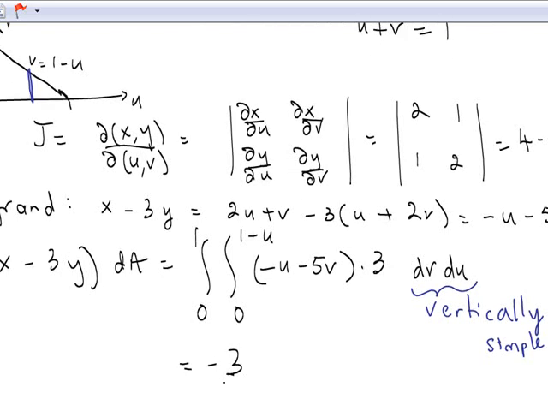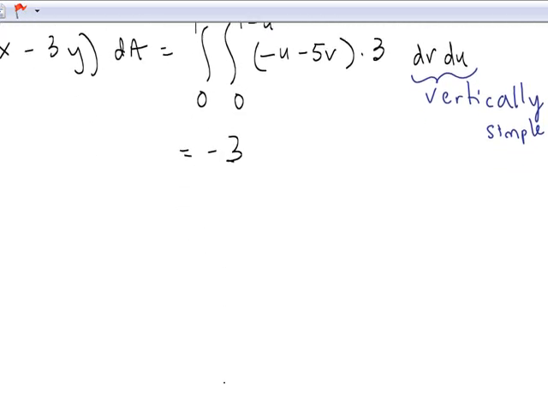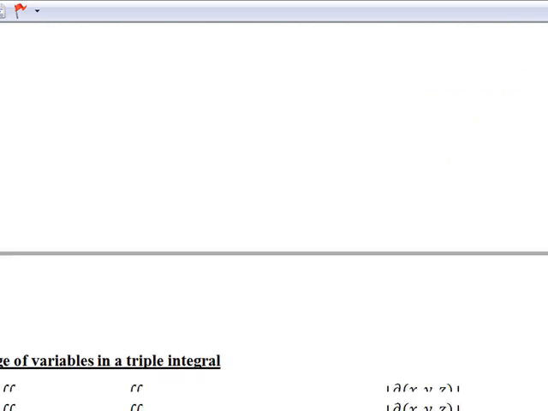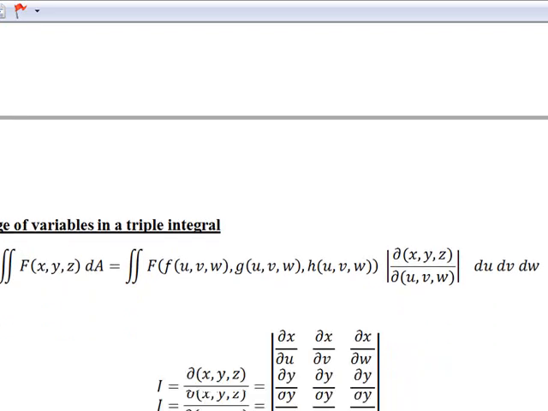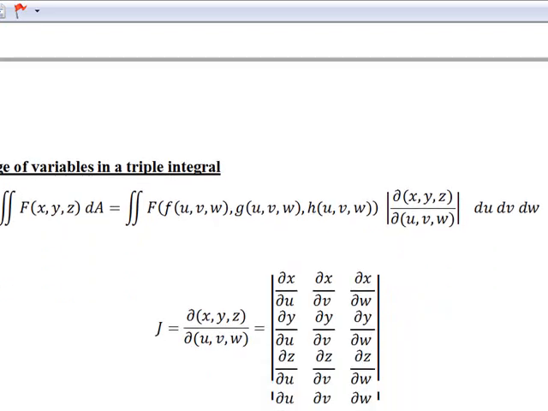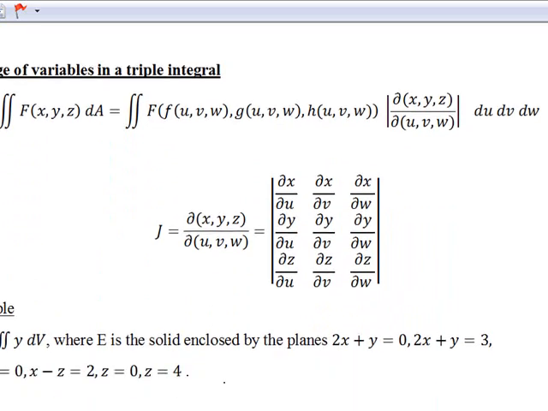I will end with a brief look at triple integrals, the Jacobians for triple integrals. Okay, I'm missing another integral here.